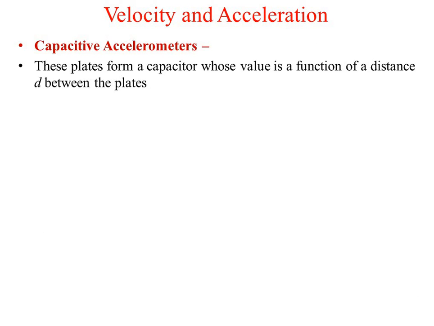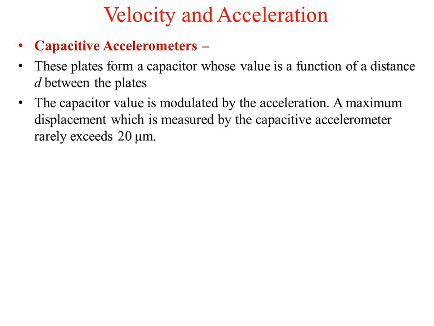These plates form a capacitor whose value is a function of the distance between the two plates. So whenever the housing moves, there is a movement inside the housing, so that will change the plate displacement, and that is going to change the overall capacitance.